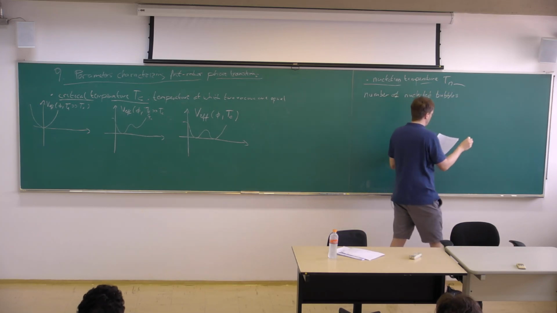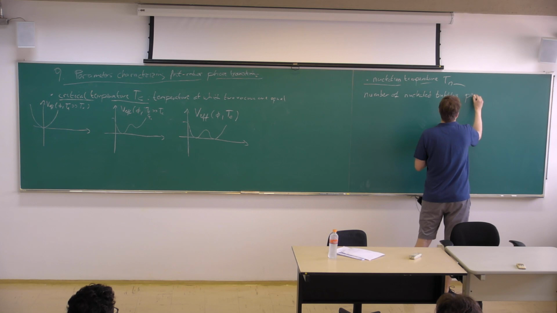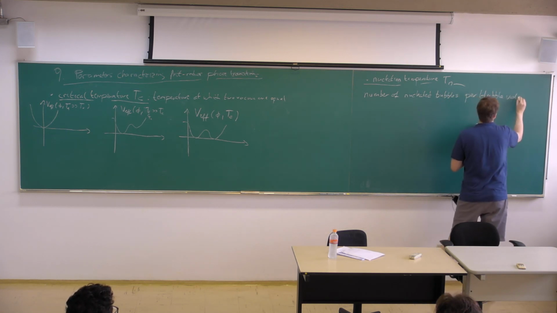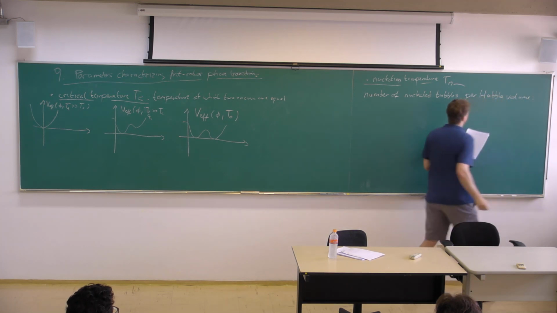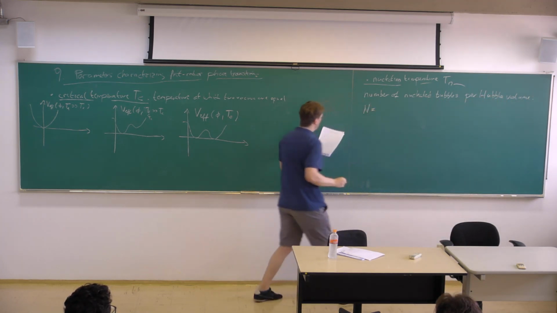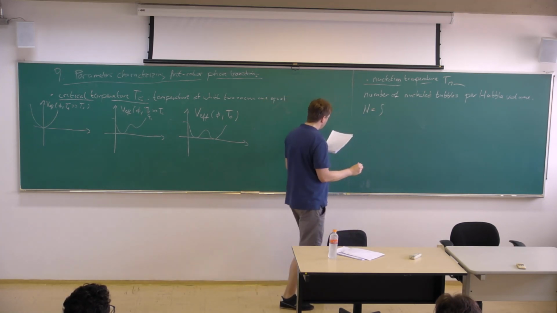And the Hubble volume is just given by the Hubble rate to the minus 3. Okay, how can I do this? We call this n. This is the expected number of bubbles per Hubble volume at a given time.